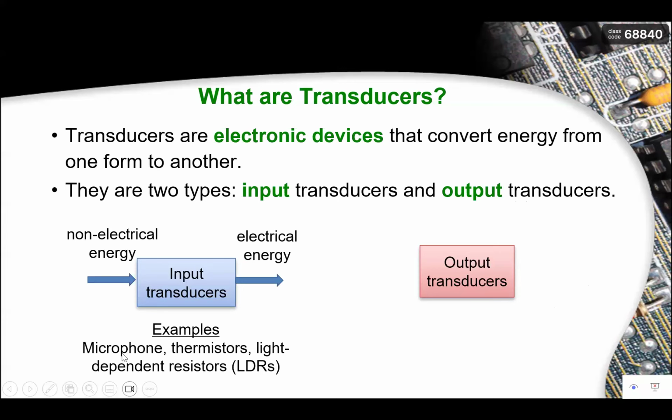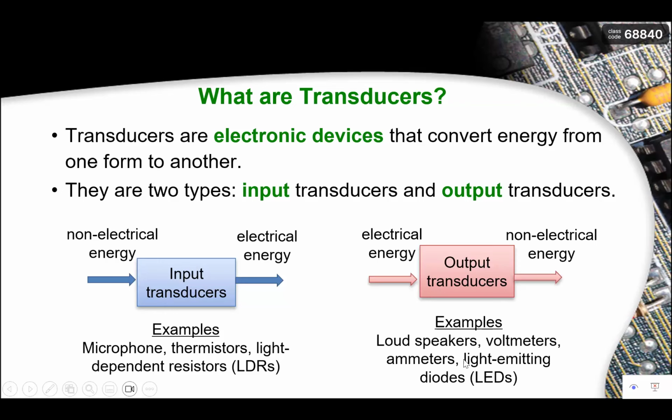Examples are microphones, which convert sound energy into electrical energy, thermistors, which convert heat energy into electrical energy, and light-dependent resistors, which convert light into electrical energy. There is also the output transducer, which converts electrical energy into a non-electrical form. Examples are a loudspeaker, which converts electricity into sound, voltmeters, ammeters, and light-emitting diodes.